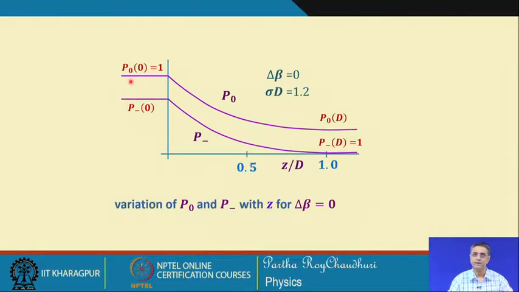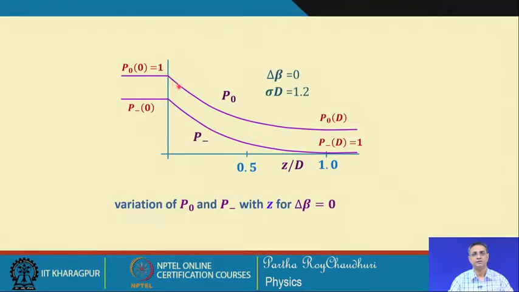You see, you have P0 at d equal to 0, that is at z equal to 0, equal to unit power, and the minus order power at z equal to 0 is initially 0, but because of the diffraction coupling we get this value.